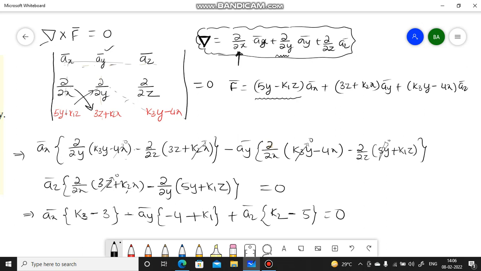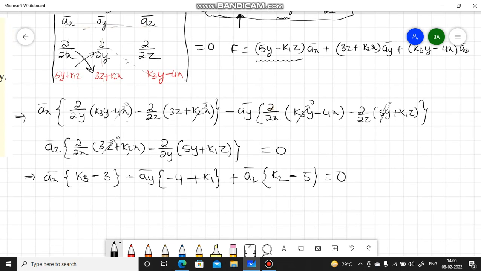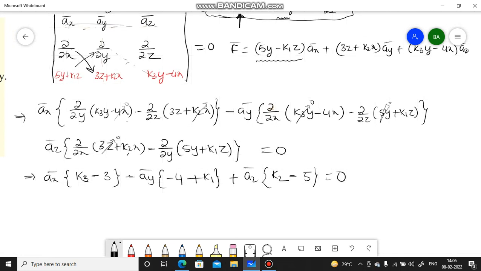Now compare LHS with RHS. Then k3 minus 3 is equal to 0, minus 4 plus k1 is equal to 0, and k2 minus 5 is equal to 0.